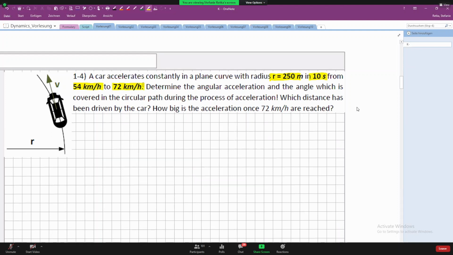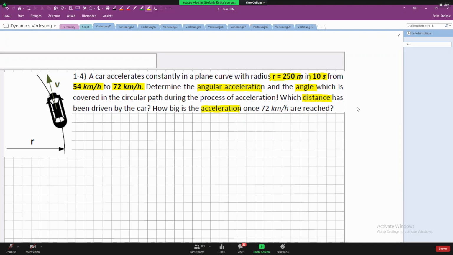And we are asked to find the angular acceleration and the angle that is covered within this 10-second time interval. And the last question is which distance has been driven by the car, and how big is the acceleration once the car reached the 72 kilometers per hour.